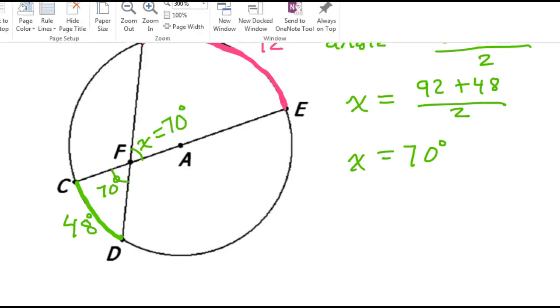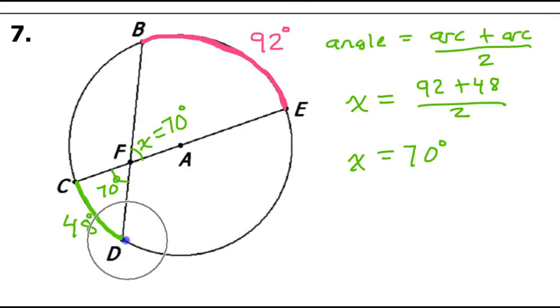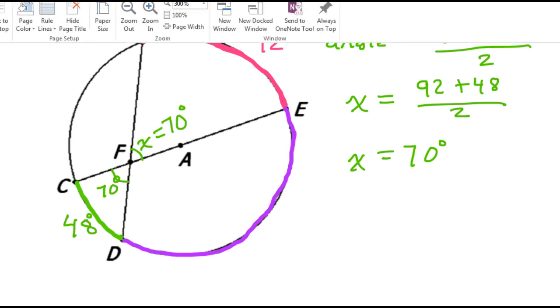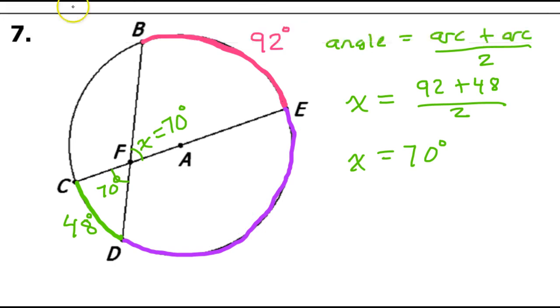Before I answer that question, it would be helpful to know the length of this arc right here. Okay, because that's a big part of DEB. So how can I find this purple arc? Well, I can use the fact that I know the diameter. All right, focus on this right here. This is a diameter.